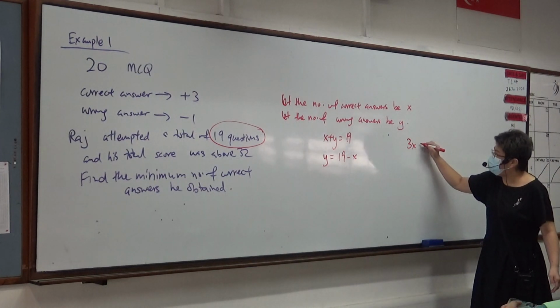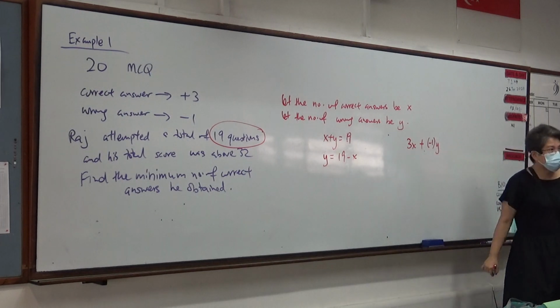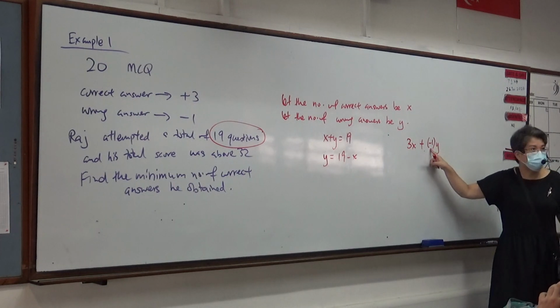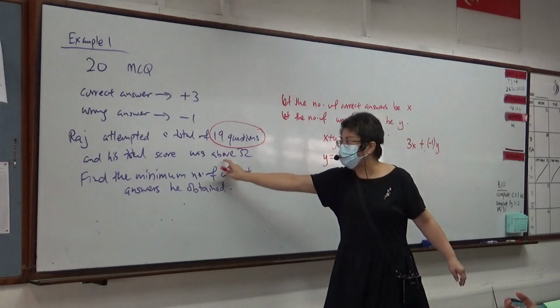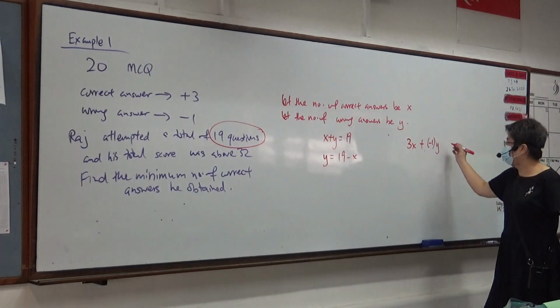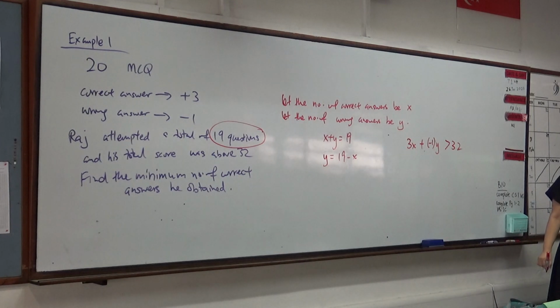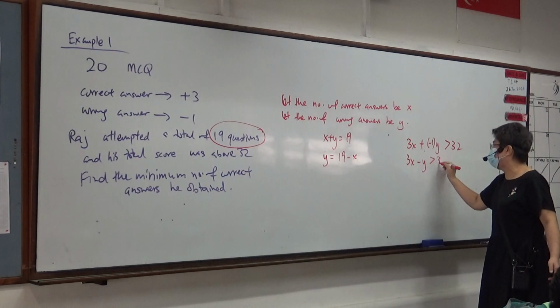Then I must have plus negative 1 times Y. If I have Y wrong answers, I must minus 1, right? What did this Raj do? He scored above 32. This must be greater than 32. So this is actually 3X minus Y bigger than 32, right?